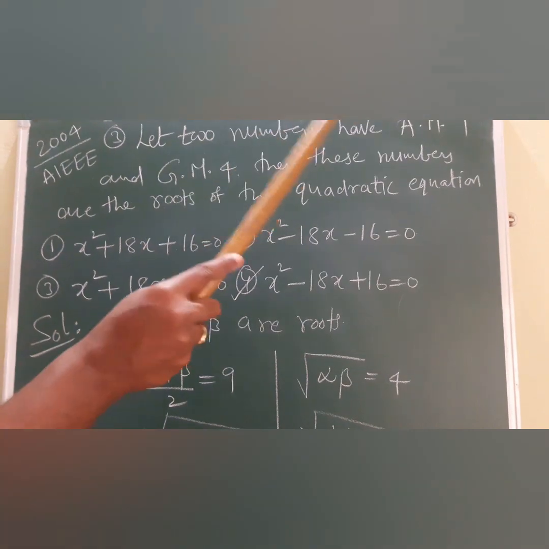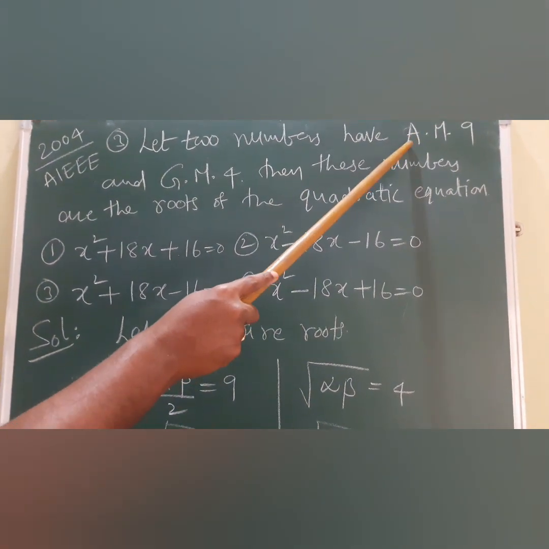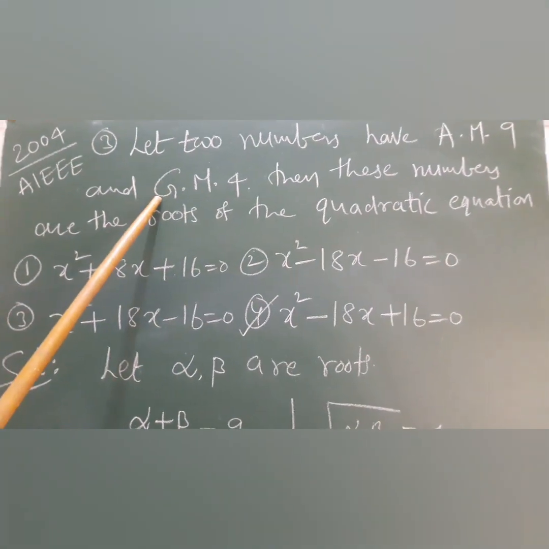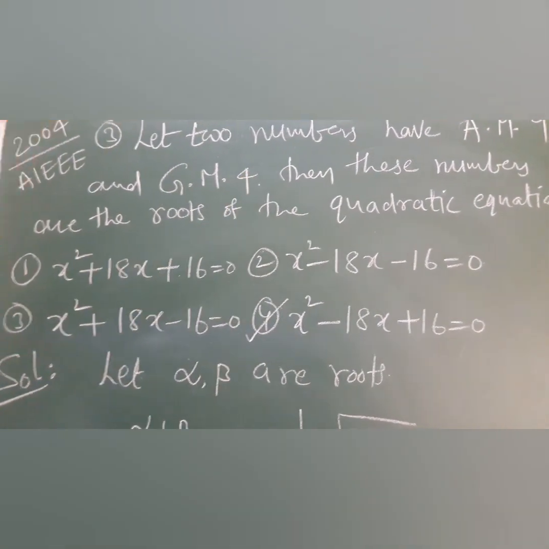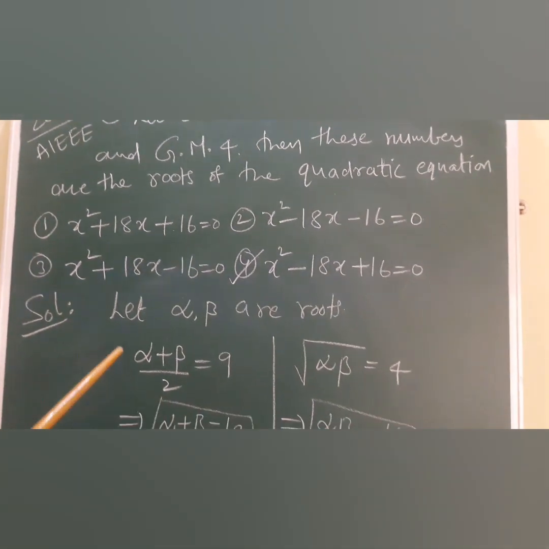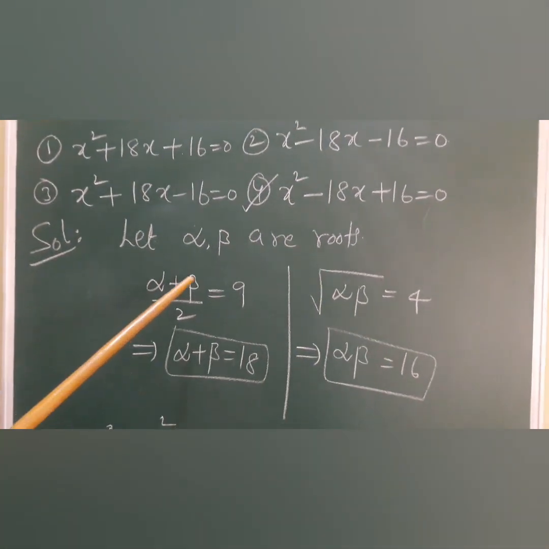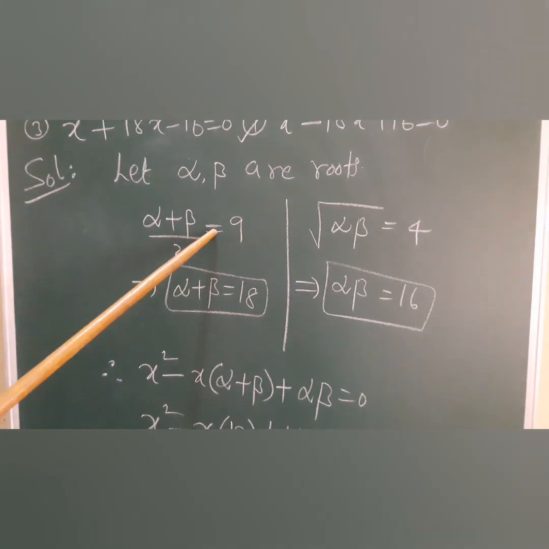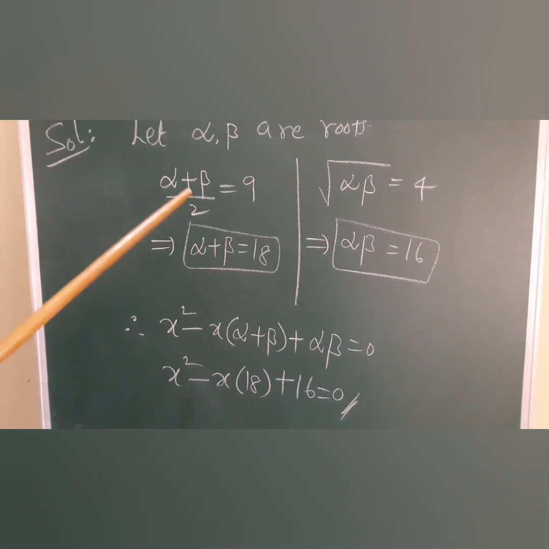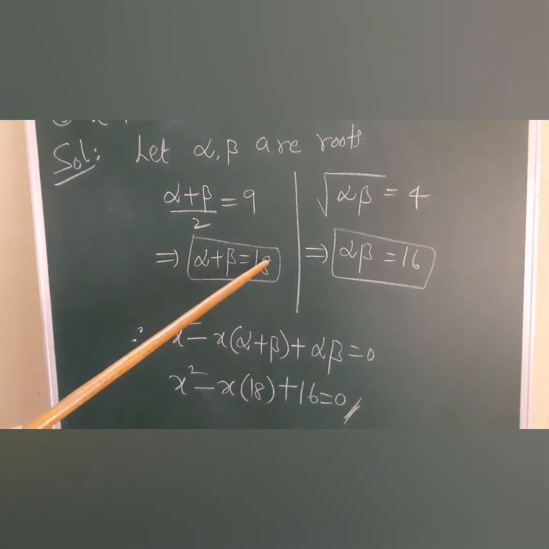Here, given the arithmetic mean of the roots is 9 and the geometric mean of the roots is 4. Arithmetic mean can be written as (alpha plus beta) by 2 is equal to 9. So, alpha plus beta is equal to 18.